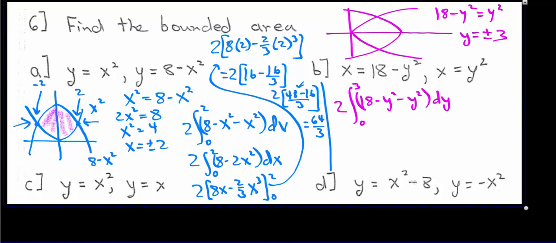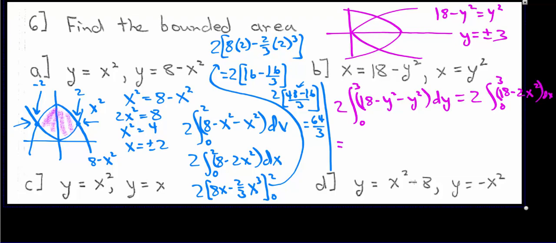I'll just get this top and then double it. To be on the safe side, you can integrate from -3 to 3 if you don't recognize the symmetry, but this one is symmetric. So we've got 2, 0 to 3, 18 minus 2y squared.